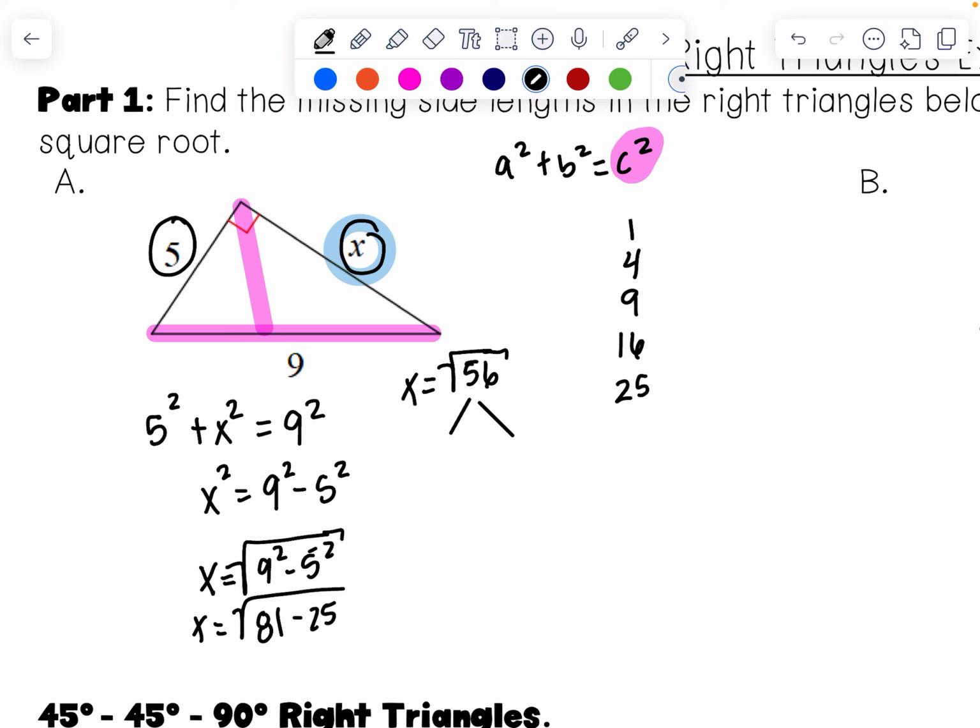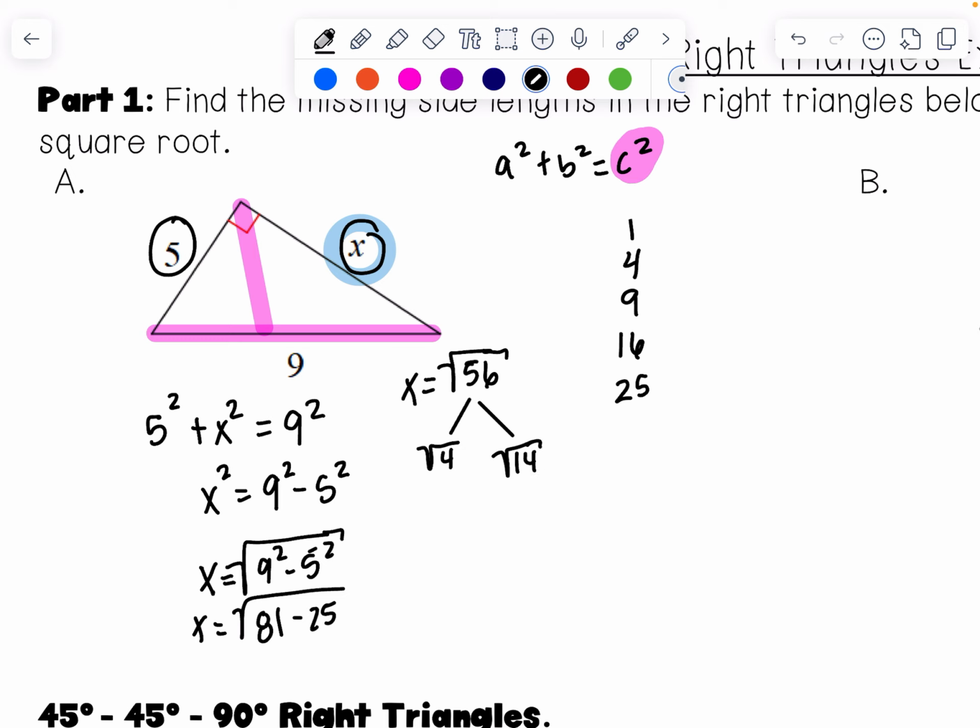So looking at these numbers, I don't think 25 or 9 is going to go into 56, but I could double check. Nope. I might try 16. Maybe 16 goes into it. And it didn't. That was 3.5. So instead I'm going to do 56 divided by 4. And you know what? That goes 14 times. So I can break this down to the square root of 4 and the square root of 14.